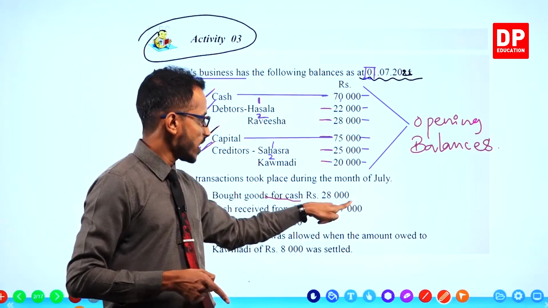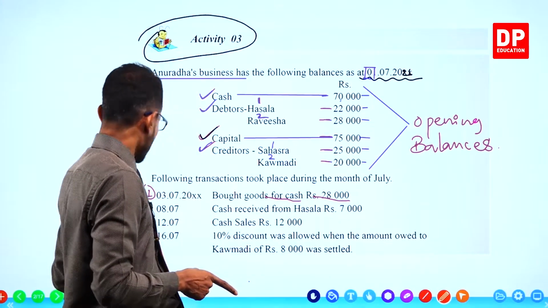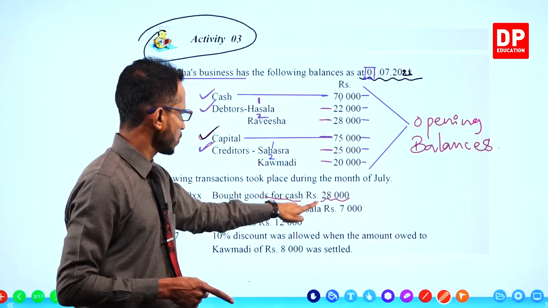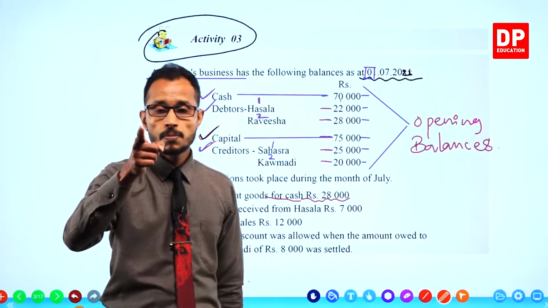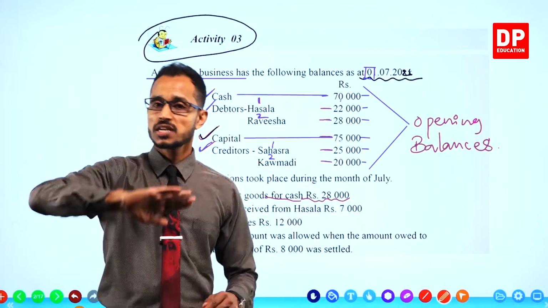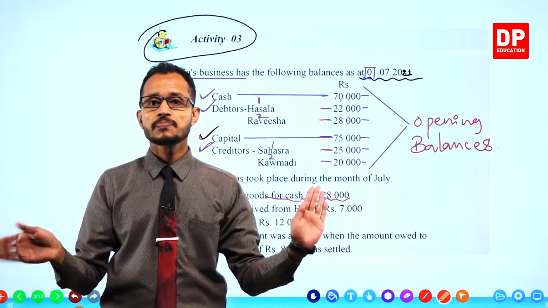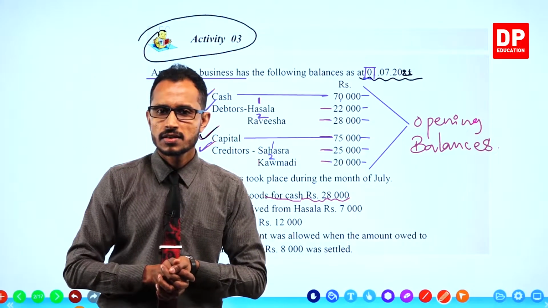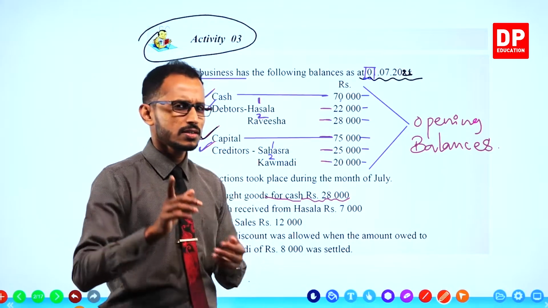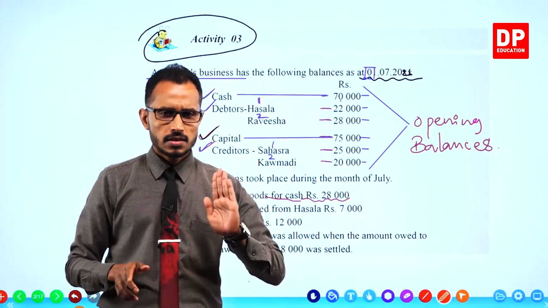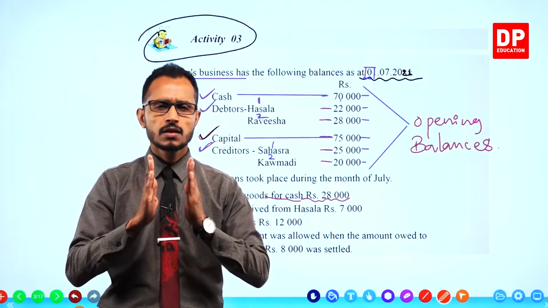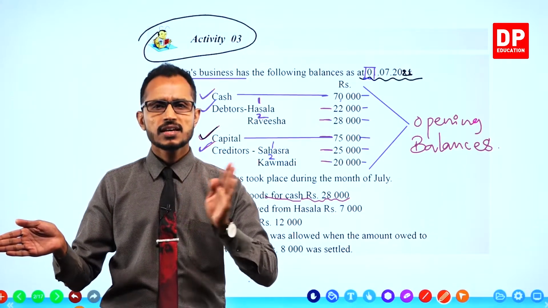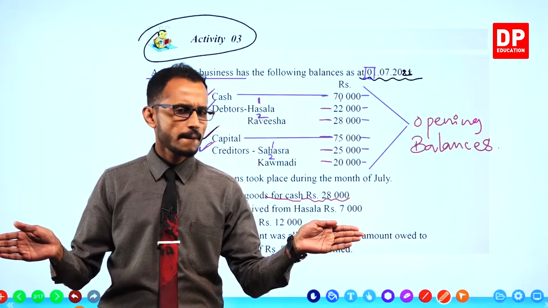This should go to which account debit side and to which account credit side. I just told you. Yeah, so is it goods account debit and cash account credit?